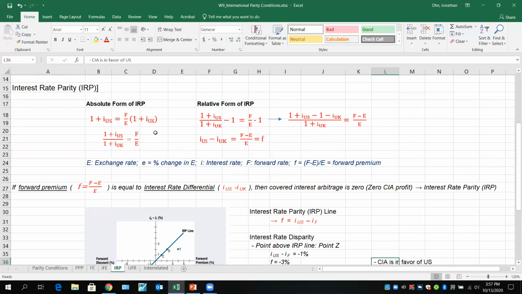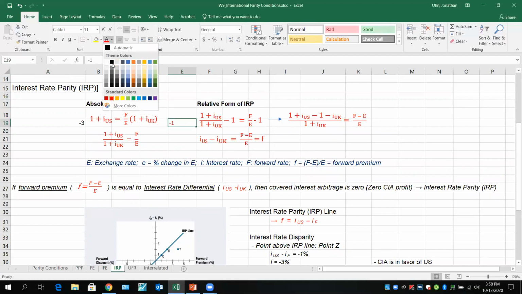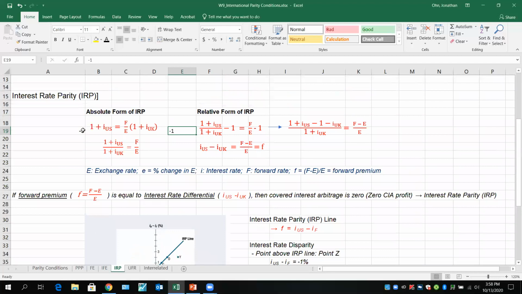In this Z, this one was -3 and this one was -1, right? Wait, no, the other way. Okay. This one is -3. This one is -1. So what do you see?